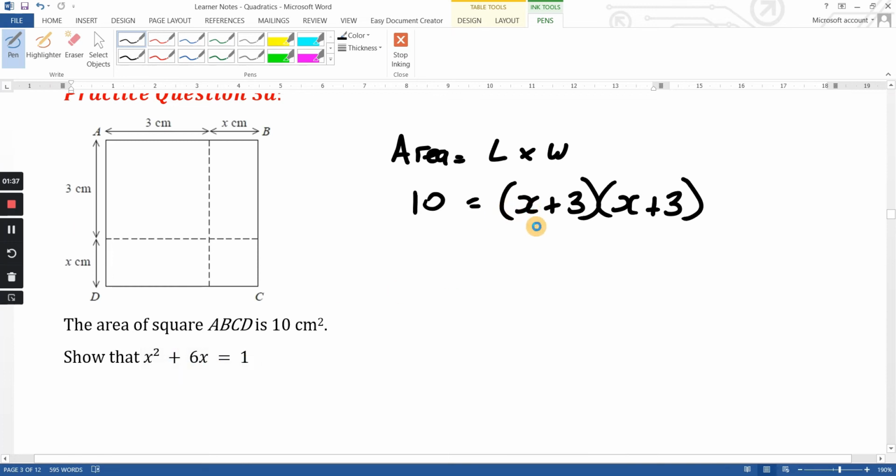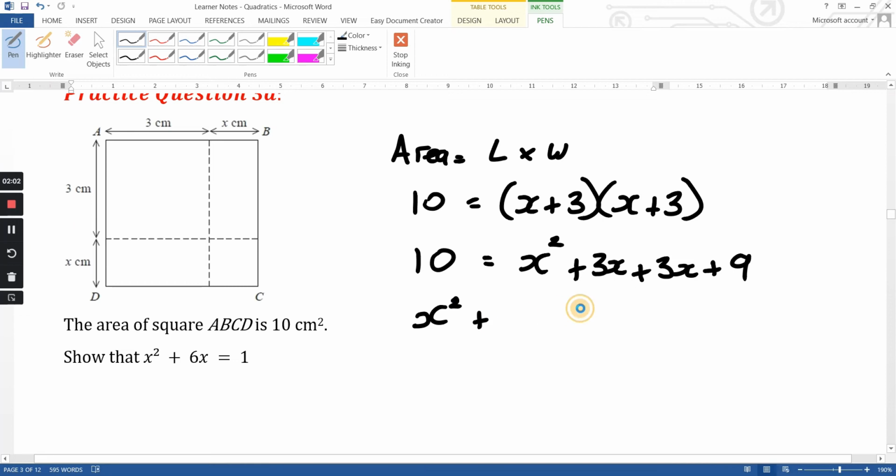Let's just see. So x with x is x squared, and that x with that 3 is plus 3x. This 3 with this x is another 3x, and 3 times 3 is 9. Still got that. Let's simplify this. So these 3x's go together. Let me just rewrite it on this side. So 3x plus 3x is 6x.